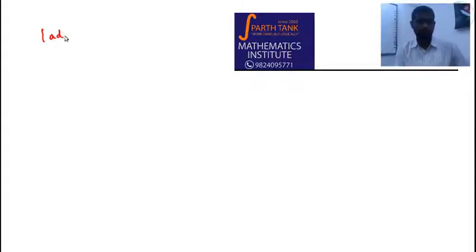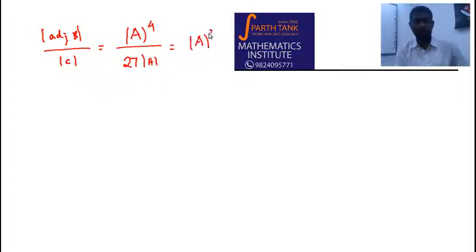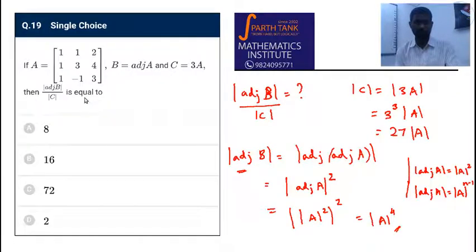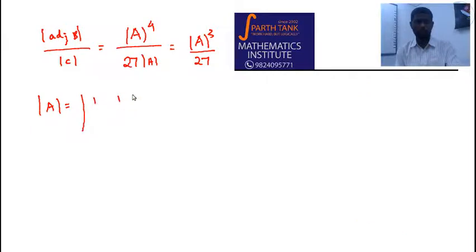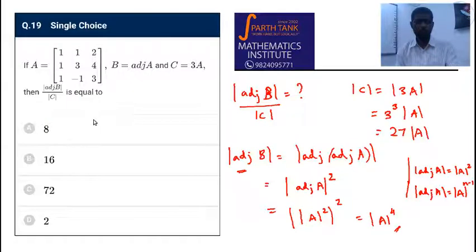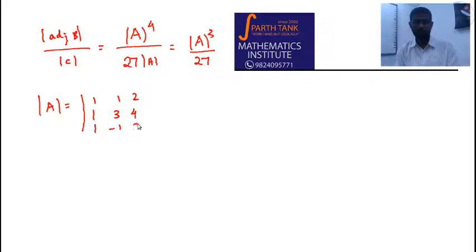So all that we have done is, without evaluating adjoint of B or C, we got determinant A to the power 4 on top, and 27 times determinant A below, which is determinant A cubed by 27. And what is determinant of A? Let me write the matrix once. 1 1 2, 1 3 4, 1 minus 1 3.